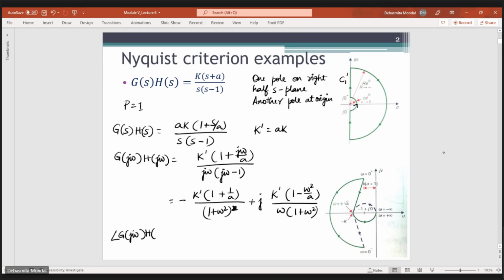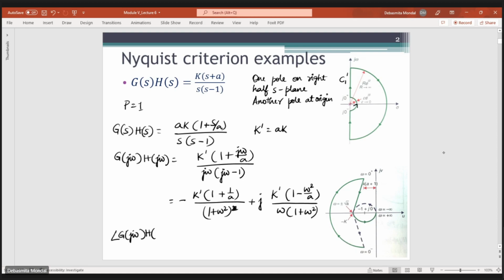And for omega equals to plus infinity, the real part is equal to 0, the imaginary part is also equal to 0, and the phase angle is minus 90 degree, right? And so this is the starting point. So for this part C1 dashed, at omega equals to 0, we have this point. These points are done.